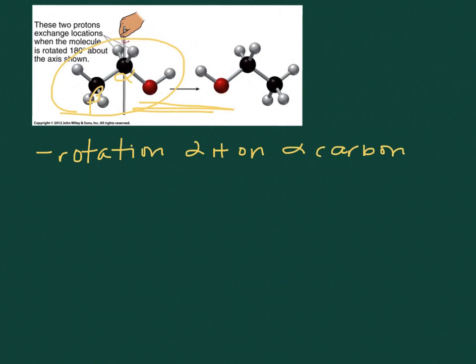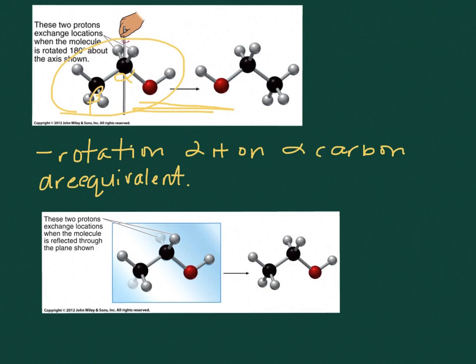So you will not be able to tell by rotation if the two hydrogens on the alpha carbon are equivalent. These hydrogens are not homotopic.